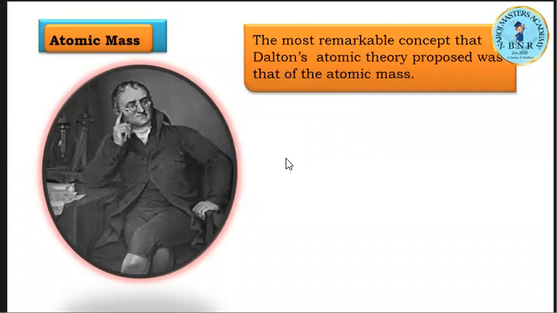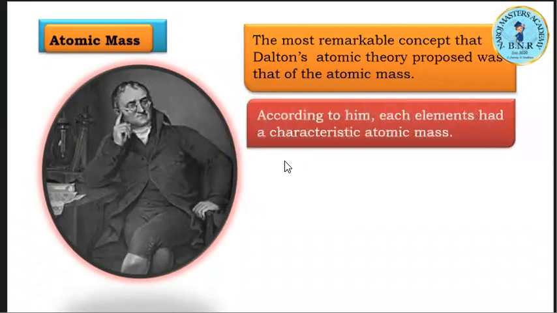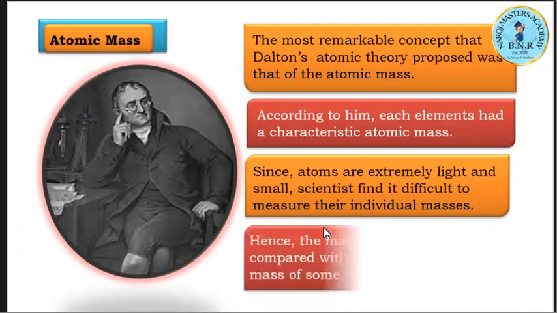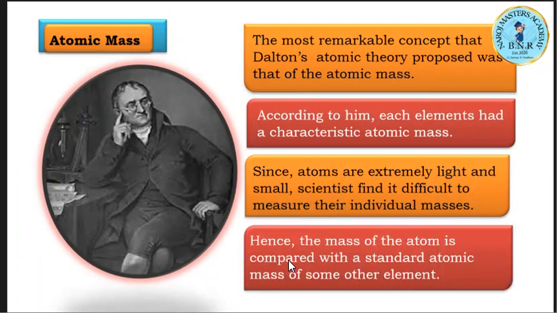According to him, each element has a characteristic atomic mass. Since atoms are extremely light and small, scientists find it difficult to measure their individual masses. Hence, the mass of an atom is compared with the standard atomic mass of some other element.